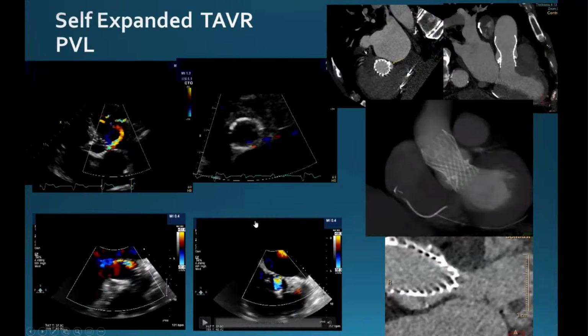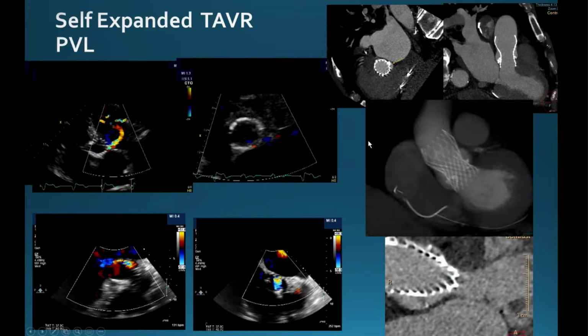The PVL for a TAVR valve is a lot more difficult because there's no ring, no reference like a surgically placed valve, where we can find the leak. So in order to diagnose paravalvular leak, you really need to find a continuous column of contrast connecting the aorta and the LVOT outside the prosthetic valve.